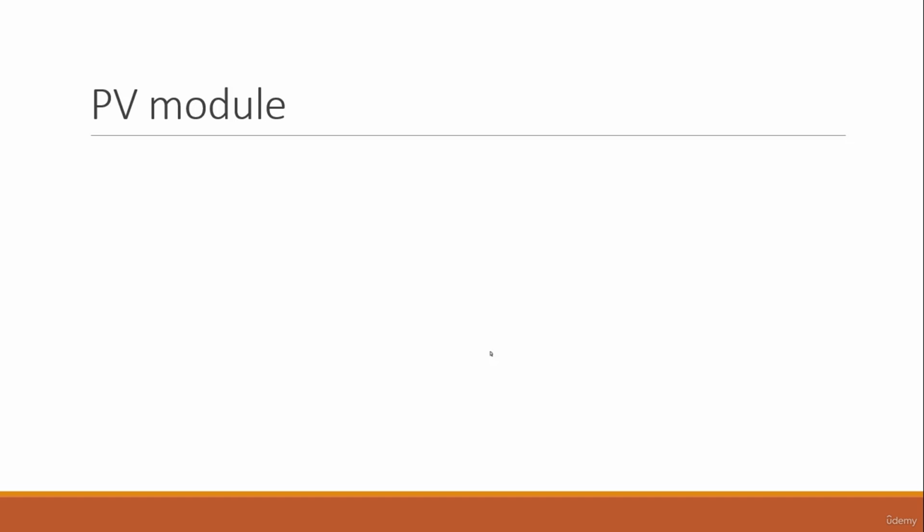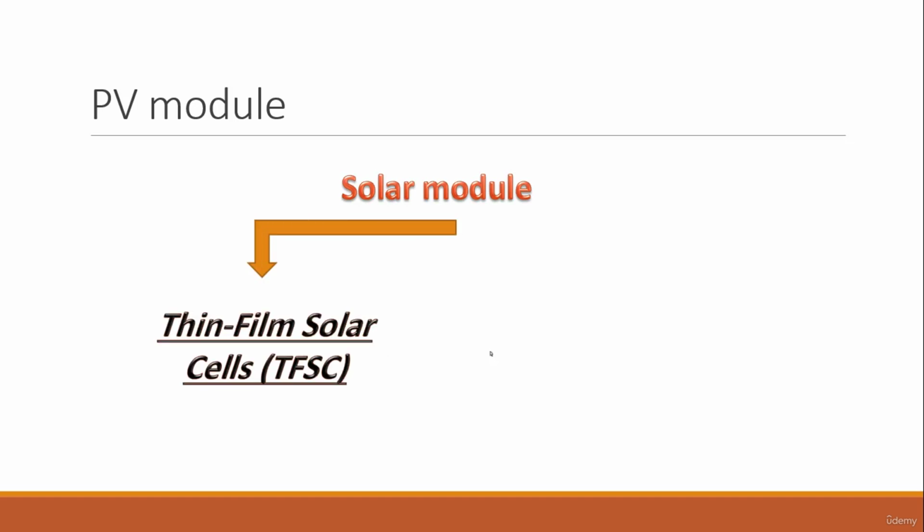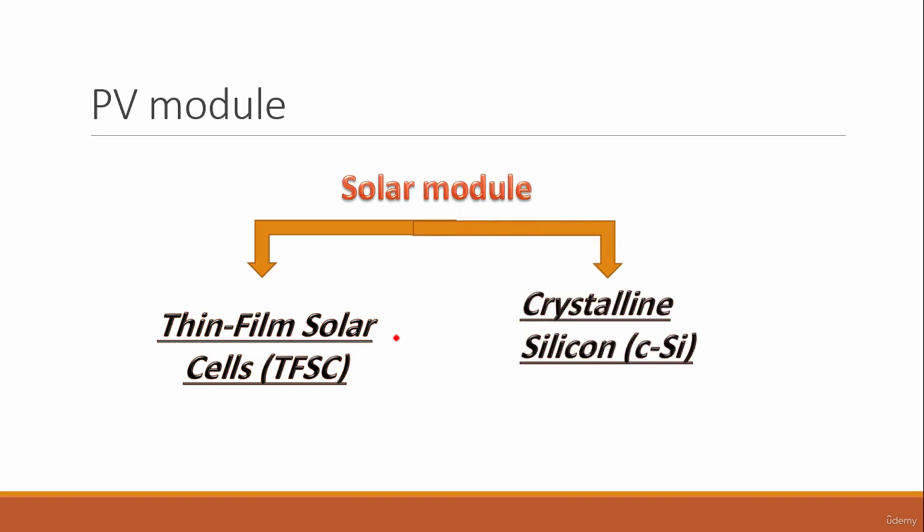Okay, after we understood the PV modules, let's understand the classification of solar modules. There are two main classifications of solar module. First is the thin film solar cell. The second classification is the crystalline silicon solar cell.